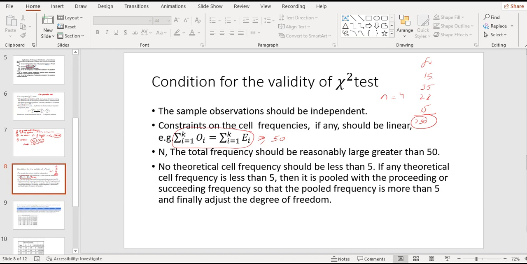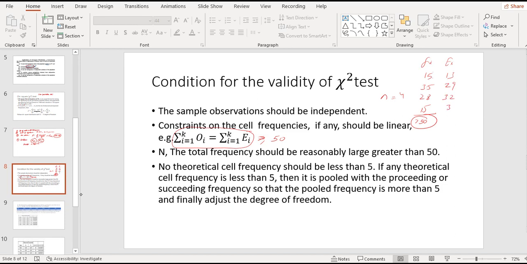Okay, and the next condition is that no theoretical cell frequency should be less than 5. Like here we are given the frequencies 15, 35, 28, 15. If any one of the frequencies is less than 5, for example this is the observed frequency and we are given the expected frequency as say 13, 29, 32, and 3.